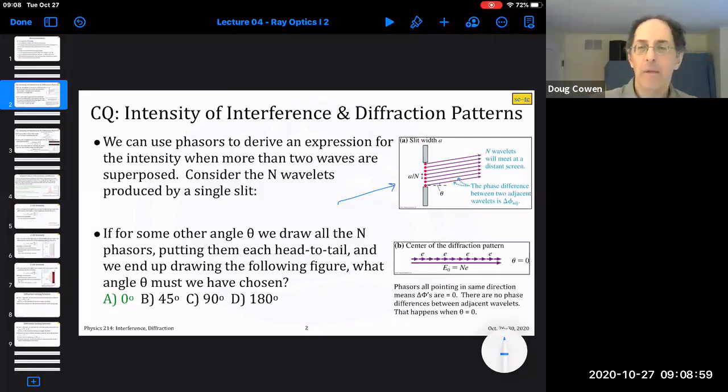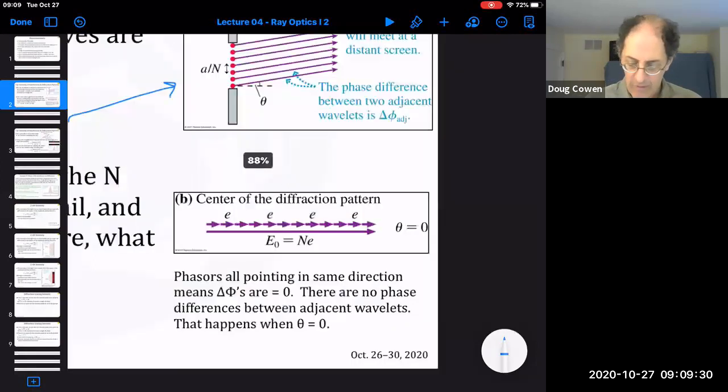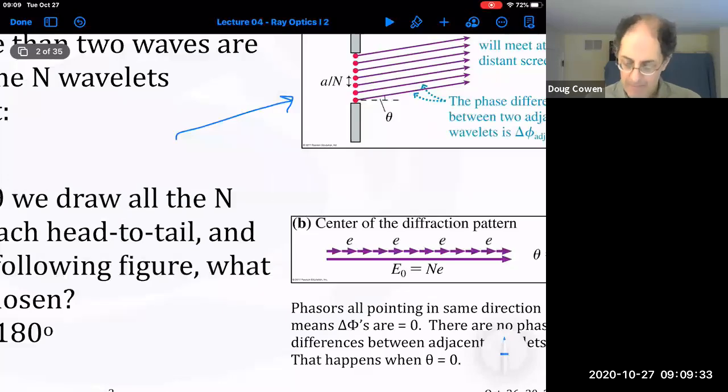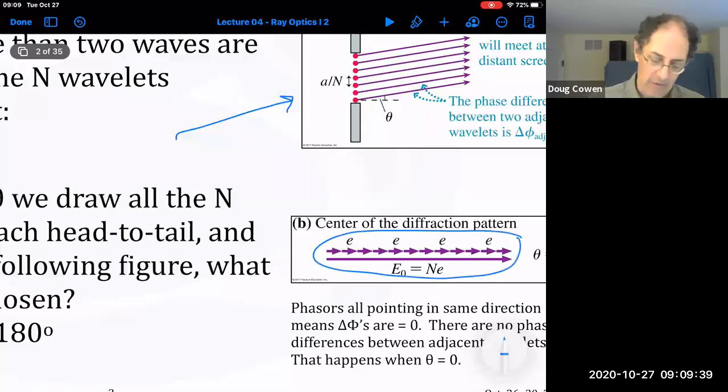And so each wavelet is represented when it reaches the screen by a wave equation that has a fixed phase difference with respect to the other waves. And so we want to add up all of those together. But the first thing we did was the simple case where this phase difference was 0, because the way we drew the phasors was to have them all lined up with 0 angle in between one phasor and the next.